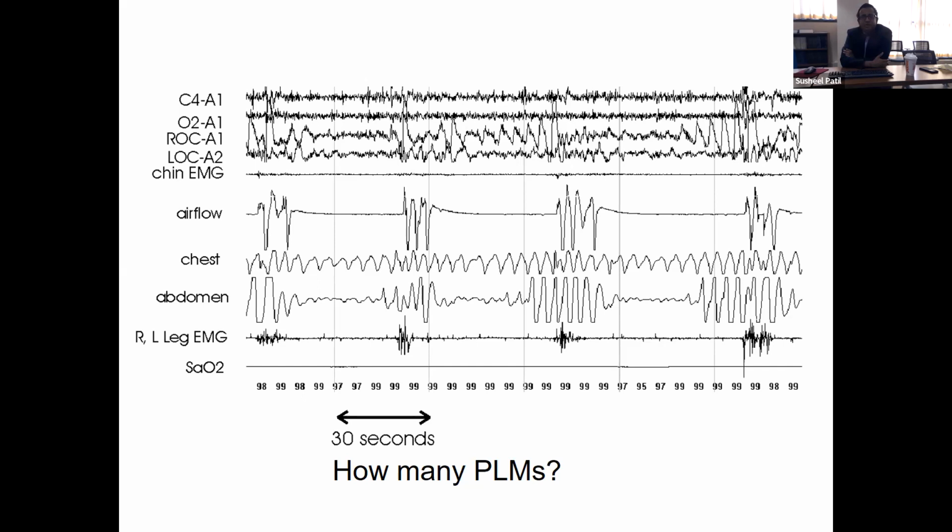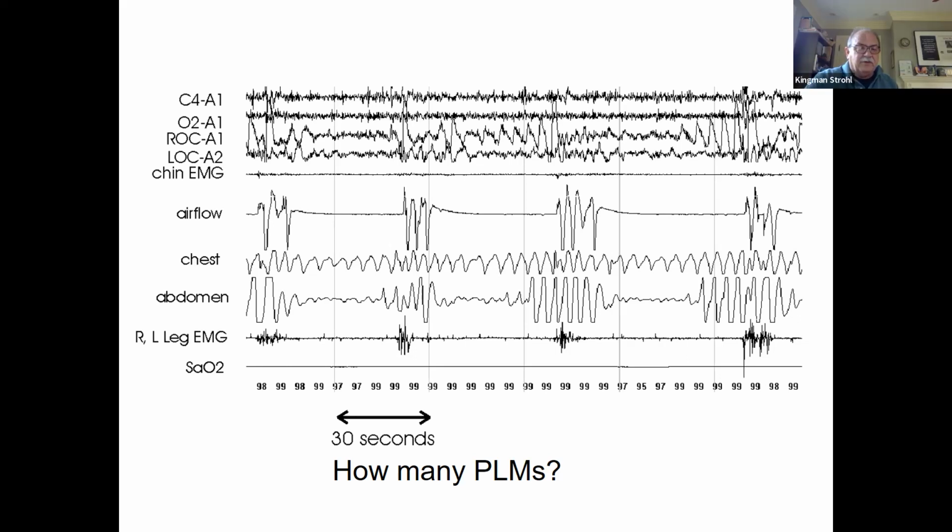But when you see leg movements that might trigger an arousal, that arousal could create a hyperventilatory response that could then, in theory, lead into a disordered breathing event, perhaps. In that setting, you could, but unfortunately, the way the scoring rules are set, it probably wouldn't be counted.